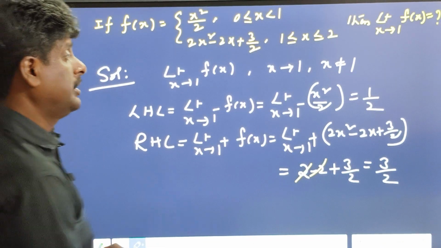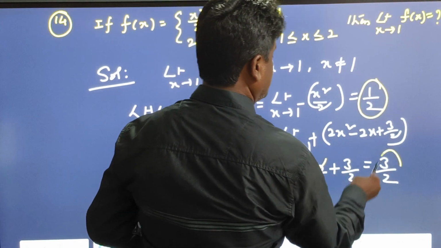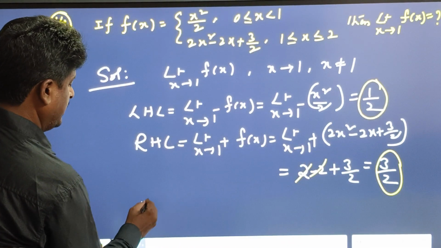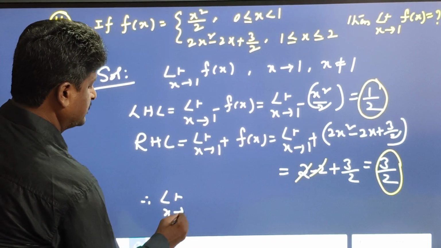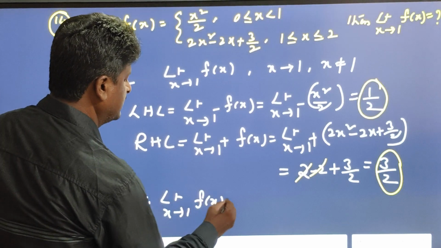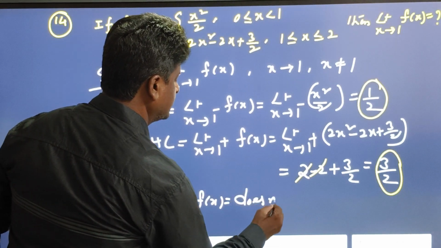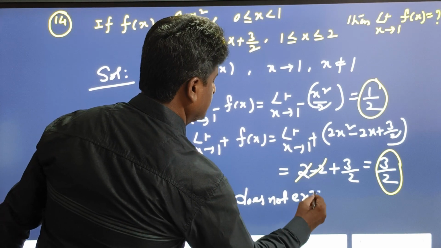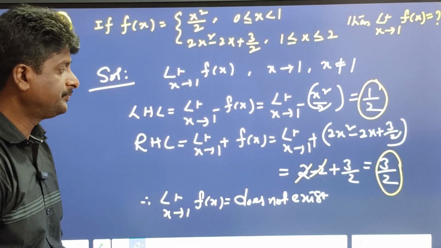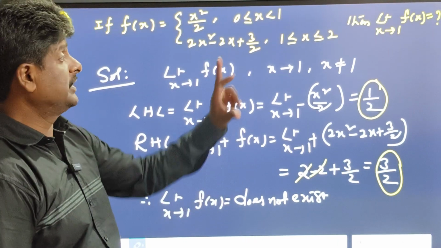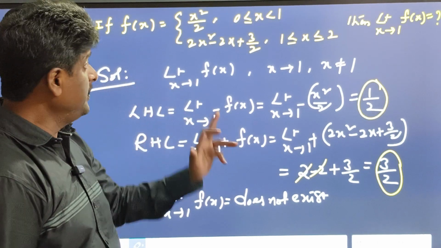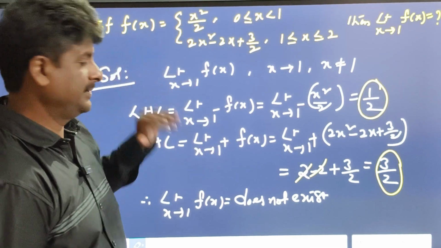So LHL is not equal to RHL. Therefore, limit as x tends to 1 of f(x) does not exist. So this is the way to find limit in such cases.